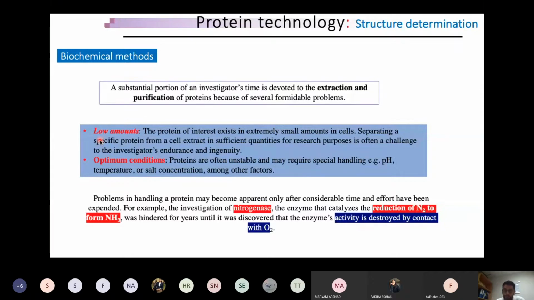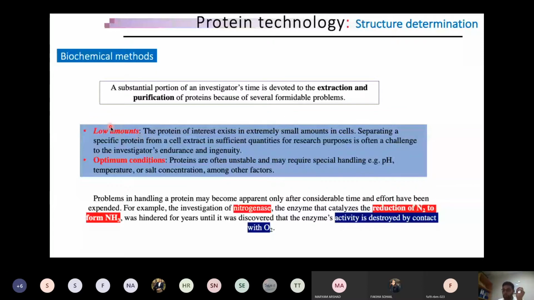If you think for a moment, what does that mean? We have a cell which is very small in size, maybe about 10 microns, or 10 to 100 microns, and in this small compartment there are 10,000 proteins, each in very minute amounts.